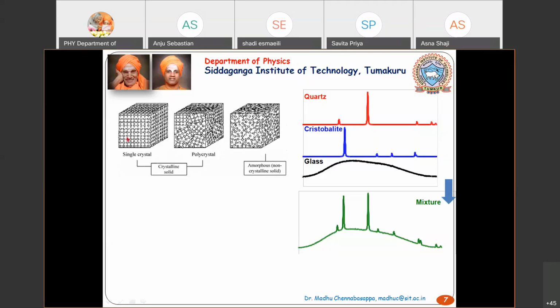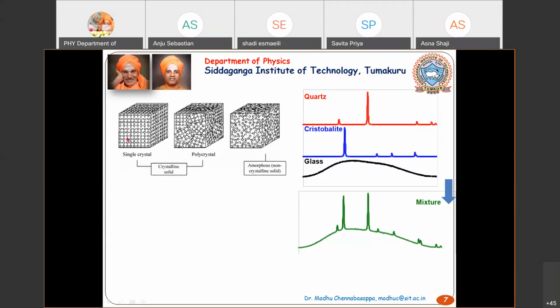So now, if I have a mixture of these 3 things, similar to what we did in the first case, where we took SiO2 and NaCl, along with that, if I have a third phase, which is an amorphous phase, then if I mix everything and do X-ray diffraction, what I get is the addition of all the things. Okay. So you can see there is a hump. This hump is due to some amorphous form which is present in your sample.